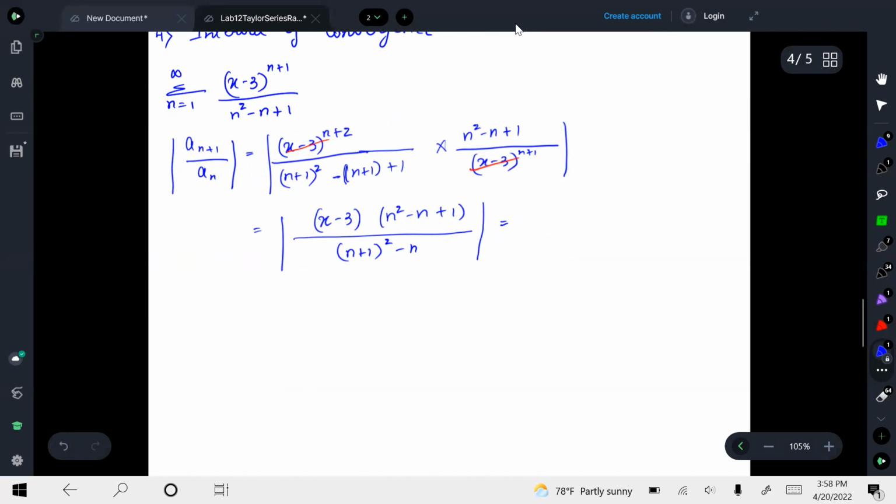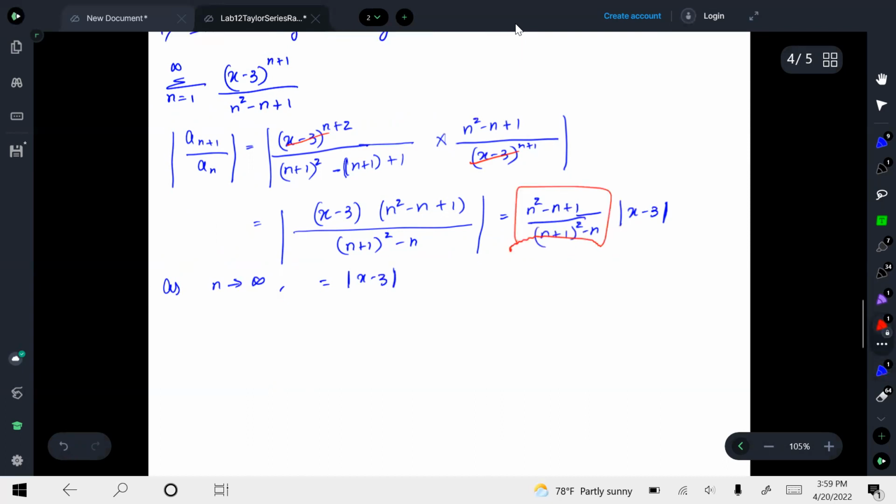Now simplifying the entire term, you get n squared minus n plus 1 divided by (n plus 1) the whole squared minus n, and we have x minus 3 inside the absolute value. Now, as n tends to infinity, the series reduces to the absolute value of x minus 3, because this entire fraction gives you 1 as n tends to infinity.